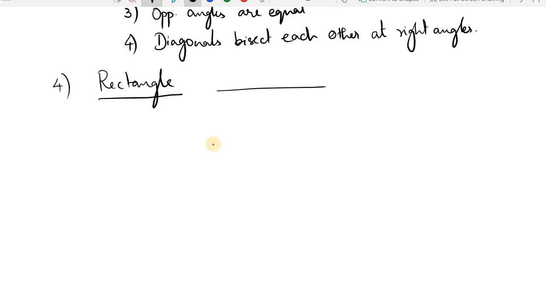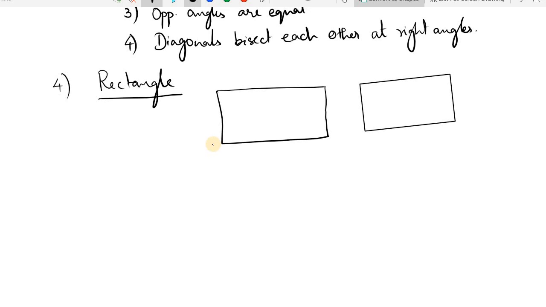So this is 90, this is 90, 90, 90. So, all the four angles are 90 degrees in a rectangle.